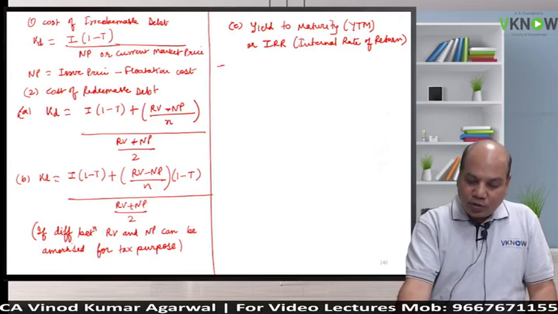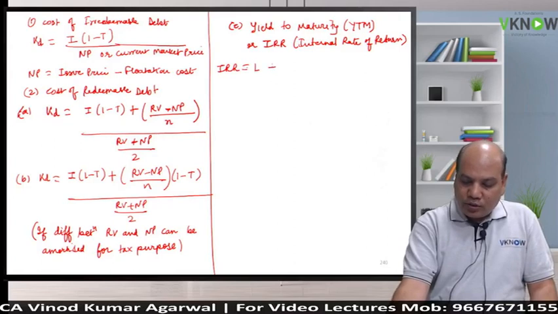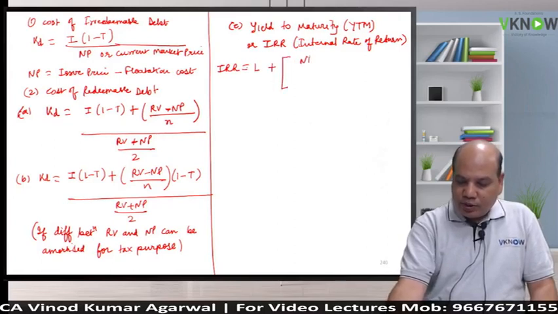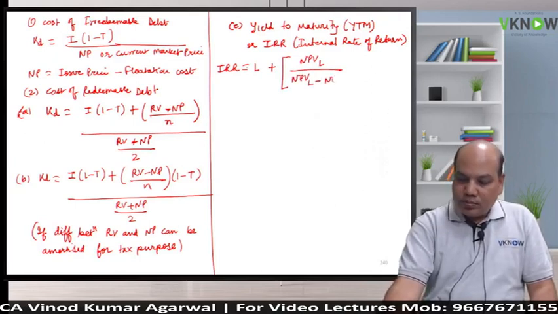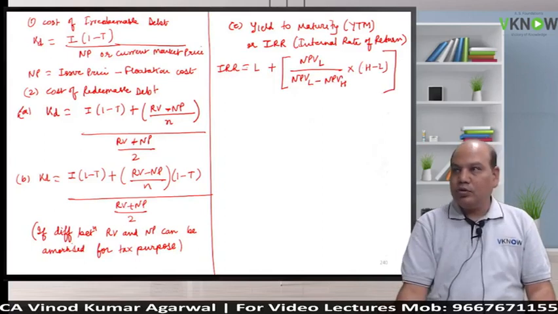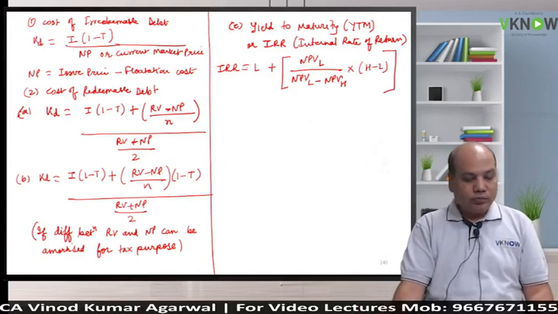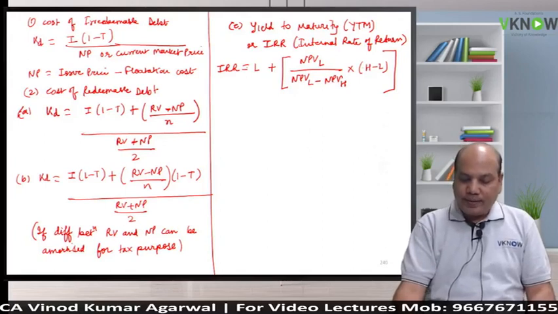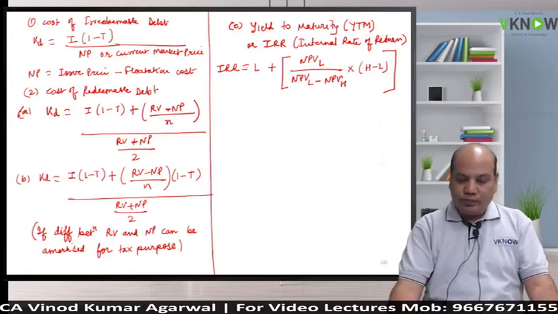The formula for IRR is lower discount rate plus NPV at lower discount rate upon NPV at lower discount rate minus NPV at higher discount rate, into higher discount rate minus lower discount rate. Right? This formula can be used anytime for finding the cost of debt.